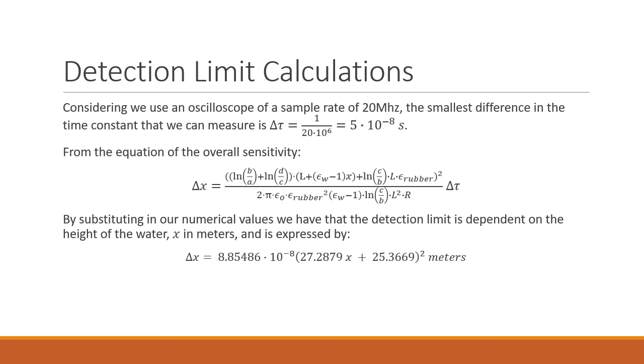Considering we use an oscilloscope of a sample rate of 20 megahertz, the smallest difference in time that we can measure is 5 times 10 to the power of negative 8 seconds. We rewrite the equation of the overall sensitivity to evaluate the detection limit, or the smallest change in the height of water that we can measure. That is expressed by the following equation.